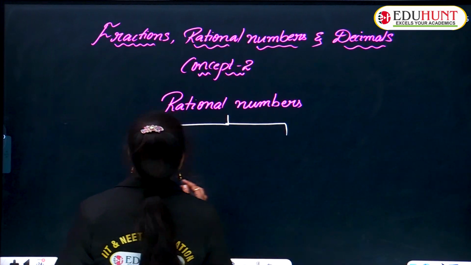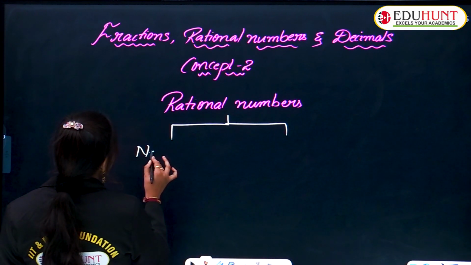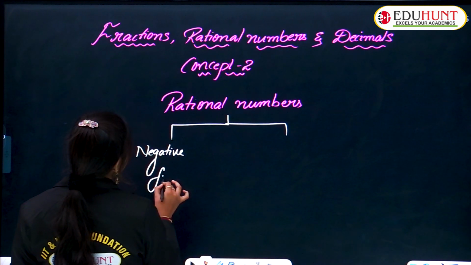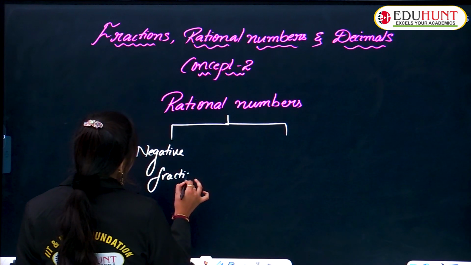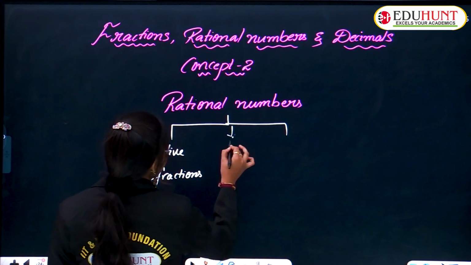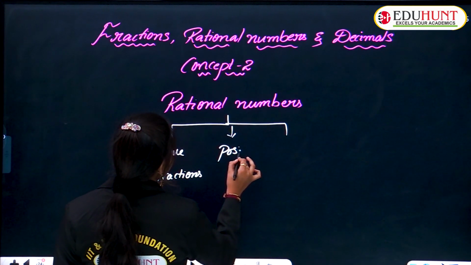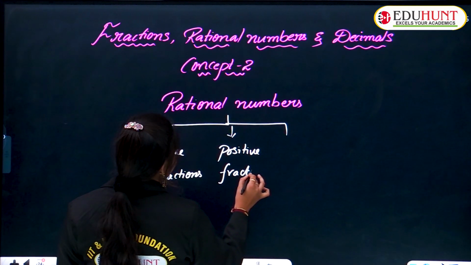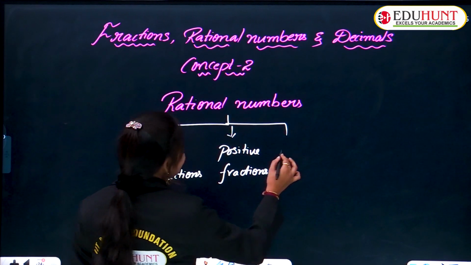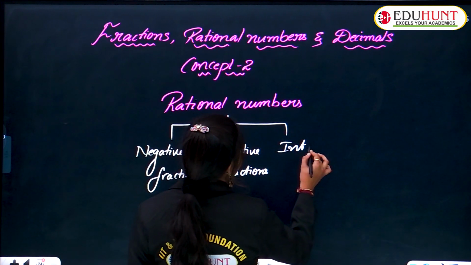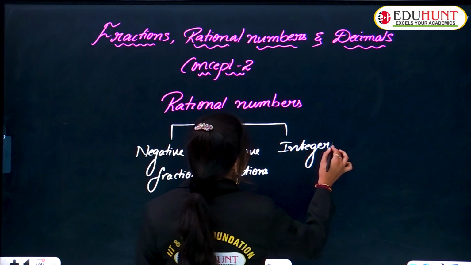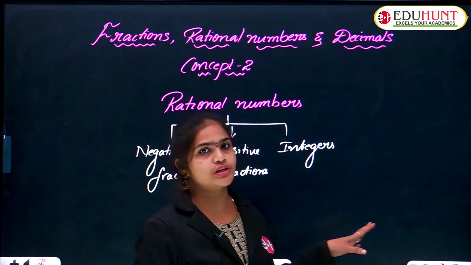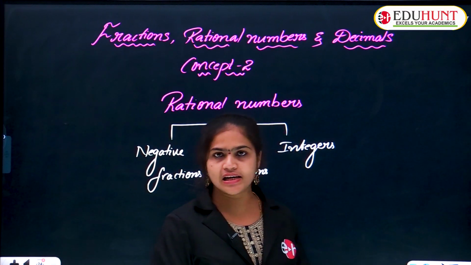Negative fractions, and here positive fractions, and here integers. The combination of integers, positive fractions, and in the same way negative fractions, we will call them rational numbers.